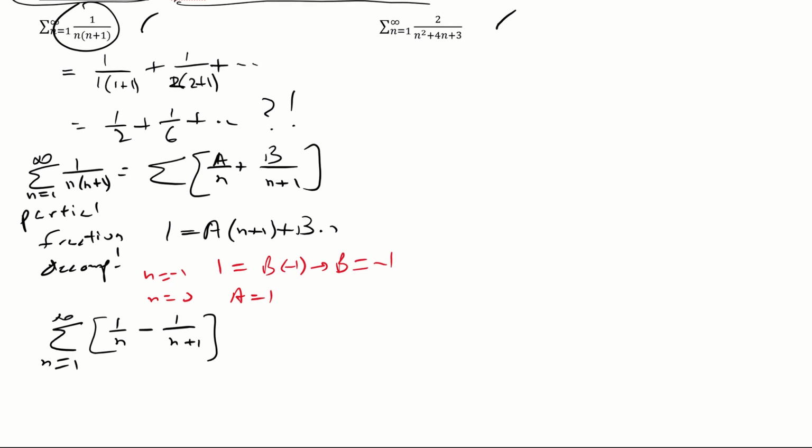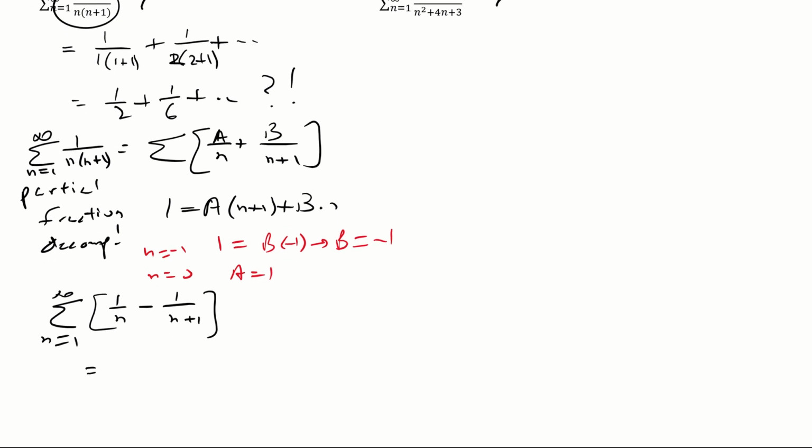Okay, so what? So it looks like this. When n is 1, you get 1 over 1 minus 1 over 2. Plus, when n is 2, 1 over 2 minus 1 over 3. Plus, when n is 3, 1 over 3 minus 1 over 4. Plus, and it keeps going.